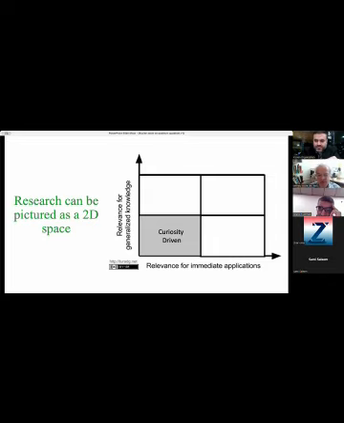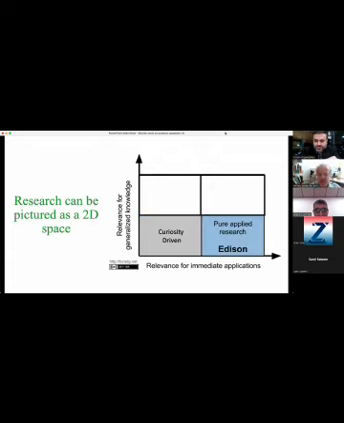Now, Stokes was more interested in the other three, and he identified each of them with one canonical scientist. So in the pure research department, he talked about the work of the physicist Niels Bohr working out the structure of the atom.